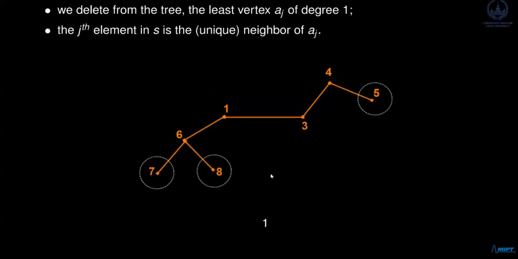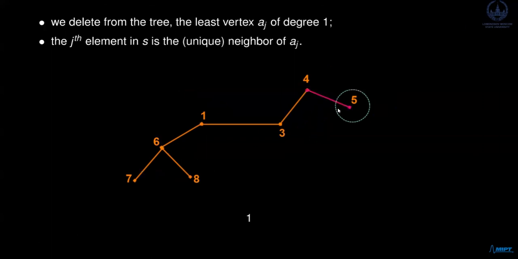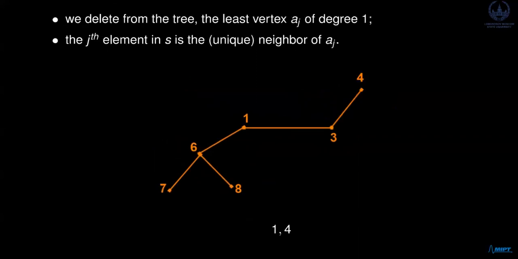Still you have these vertices with degree 1: 7, 8, and 5. Let's select one of them. Let's select 5 and delete it. 5 is connected to 4, so you delete 5 and instead write the letter 4.